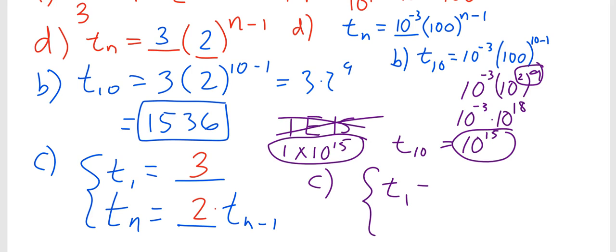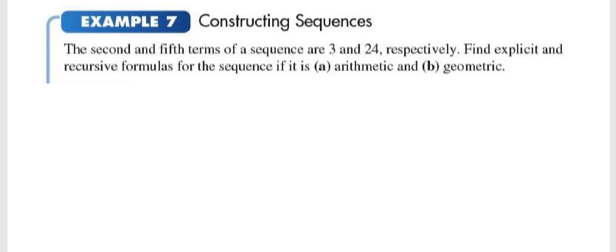So lots of you doing good things there, either 10 to the negative 3rd or 0.001. T subscript n equals, I don't care if you put 100 or if you put 10 squared, it doesn't matter to me. Some of you did 10 squared, some of you did 100. Okay, moving on down the road.